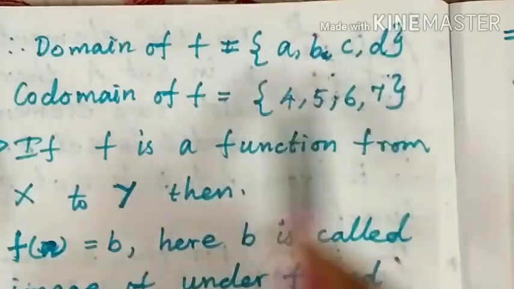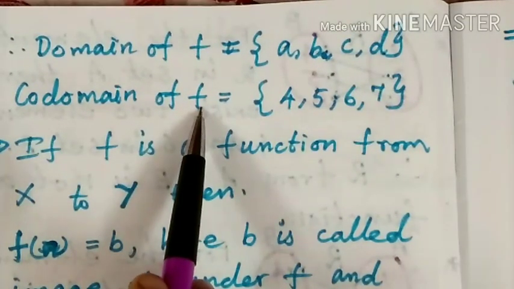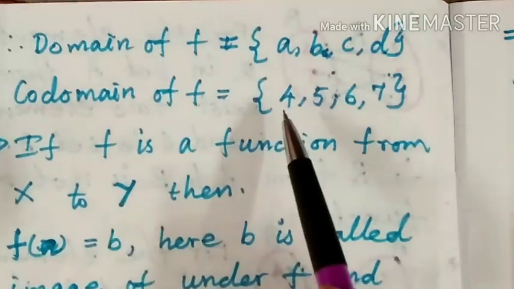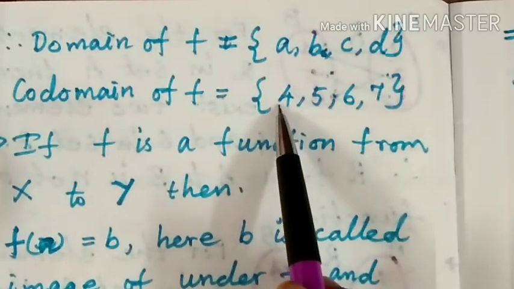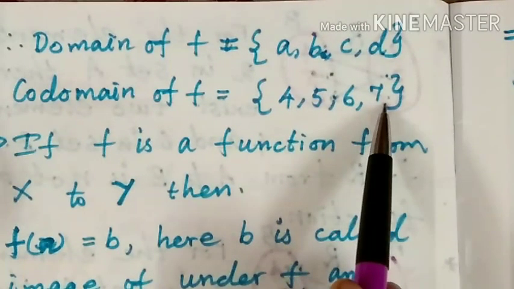Then the codomain of relation f equals all the elements of the second set Y, {4, 5, 6, 7}.